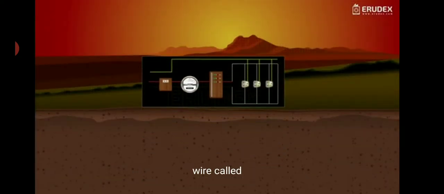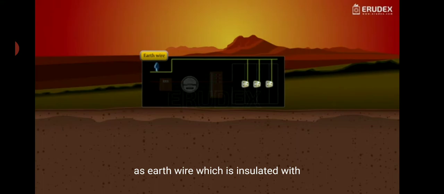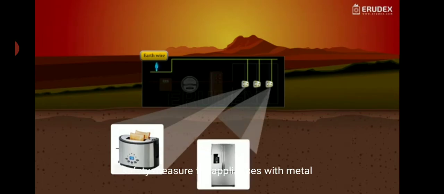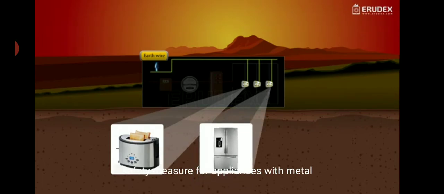There is one more wire, the earth wire, which has insulation of green color. It is usually connected to a metal plate deep in the earth near the house.